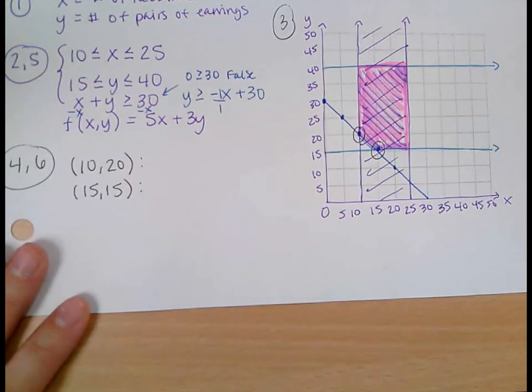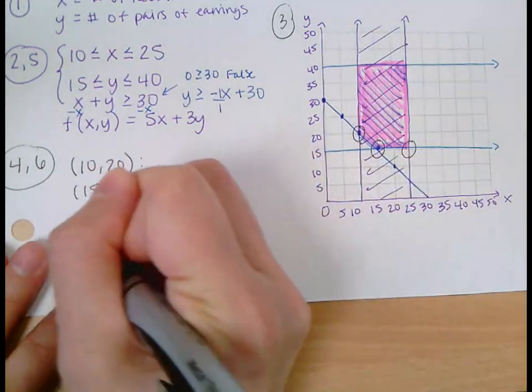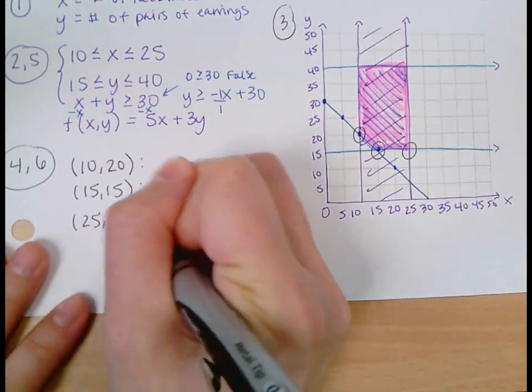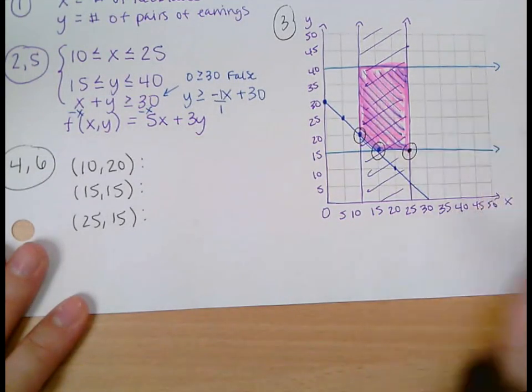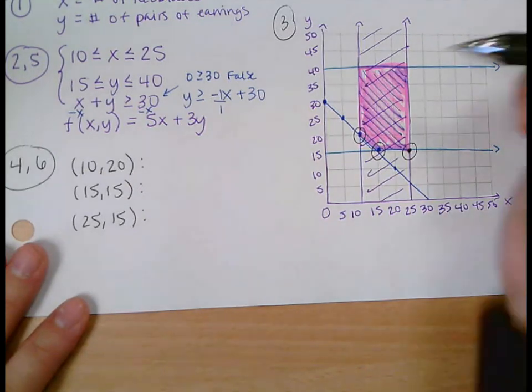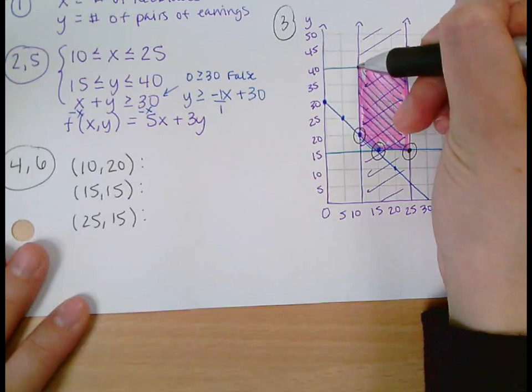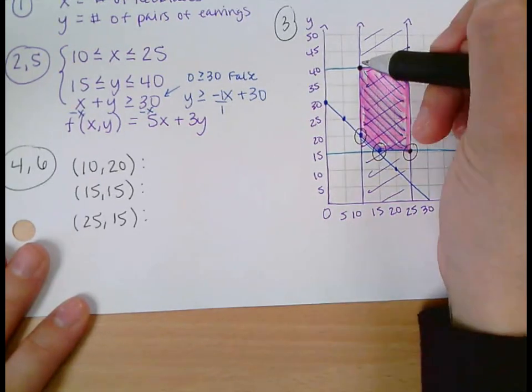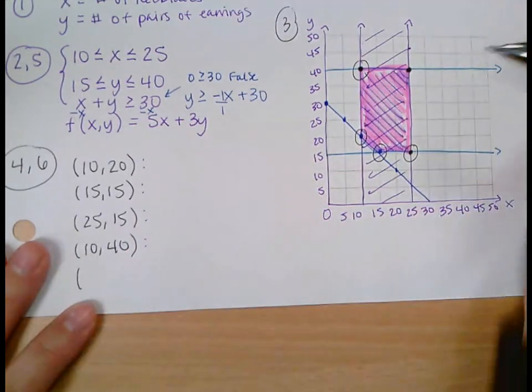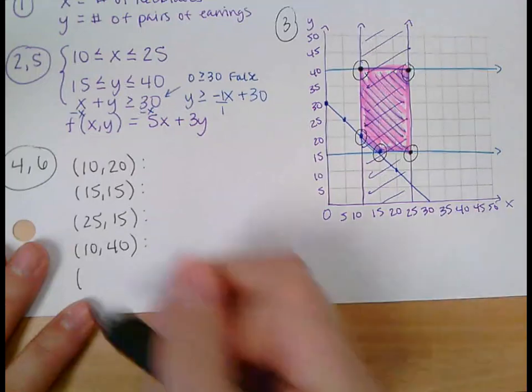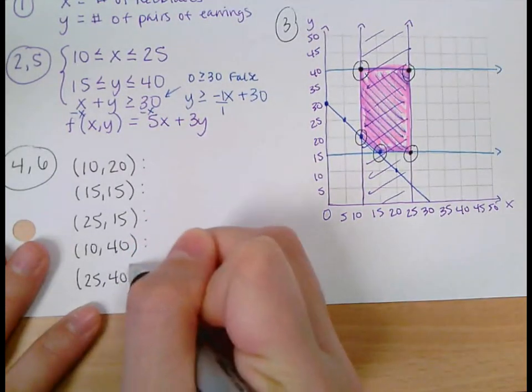And another. 25, 15. Two more. We have the two top ones. 10, 40. And the top right one, 25, 40.